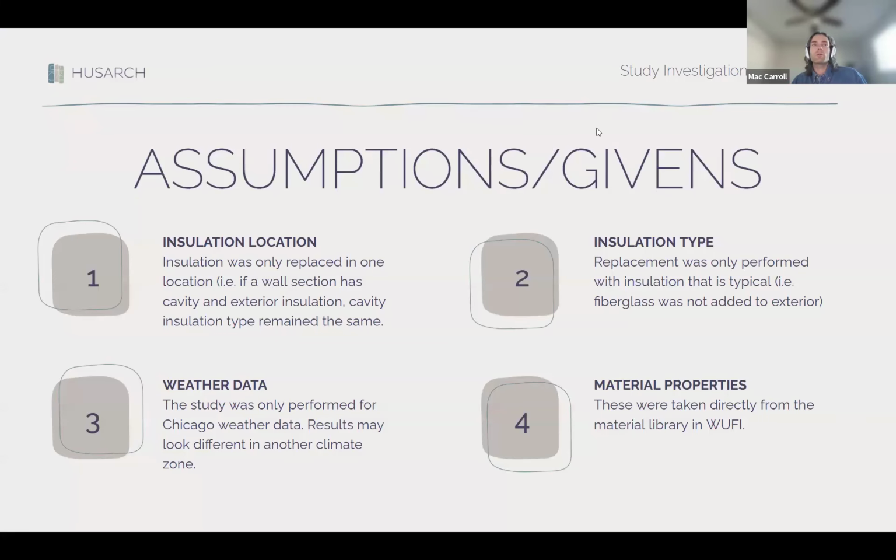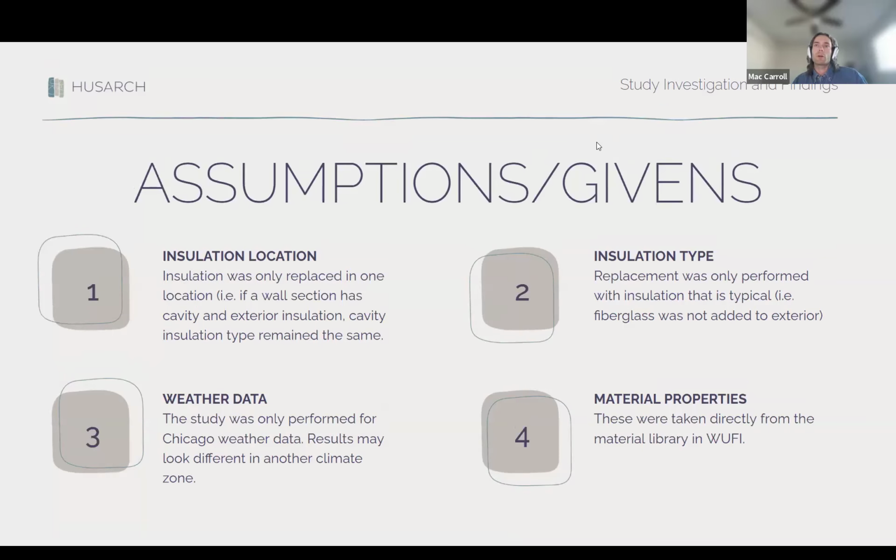So now that we've established a base of understanding for the building science, the software modeling, and the results, getting into what we actually did with our wall sections. We want to establish that we were only looking at weather data for the city of Chicago, the Chicago weather file.